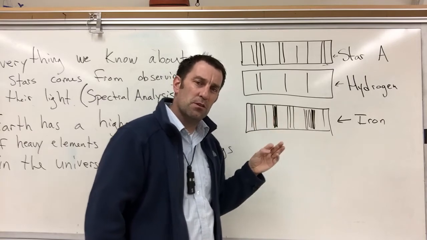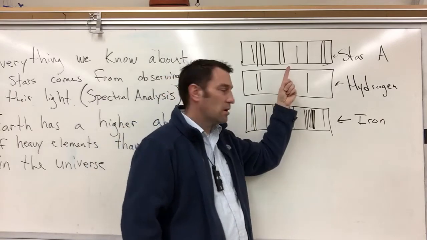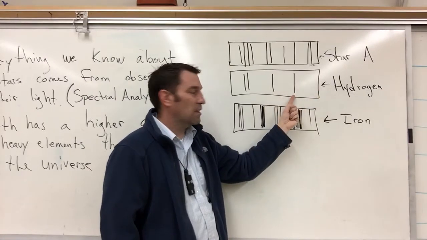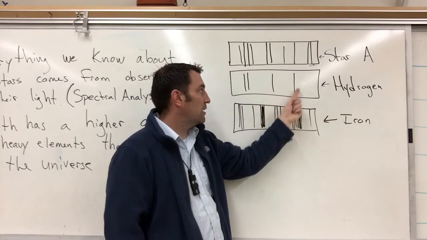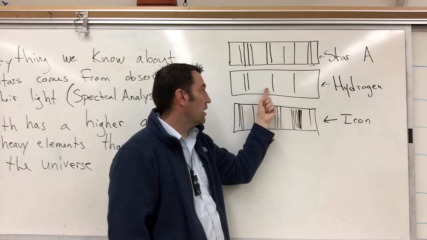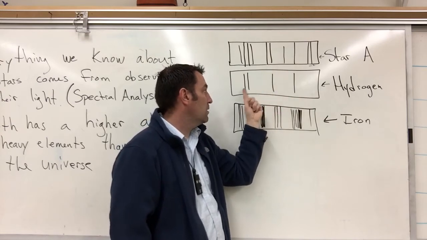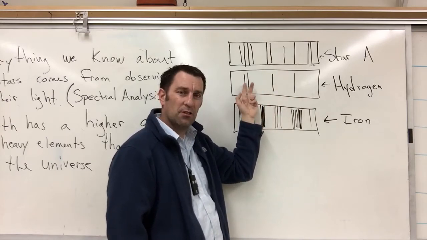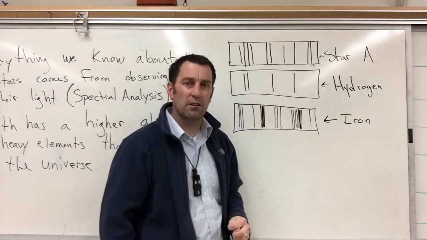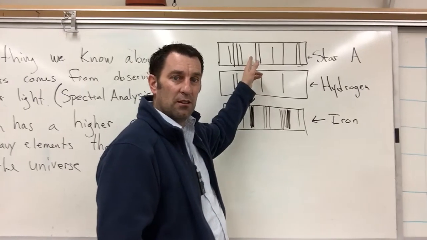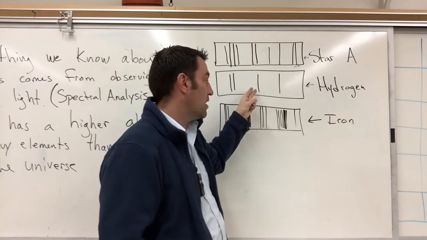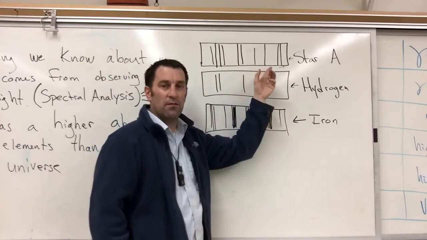The way we would use this to know what's in the star is we would look at hydrogen's lines, and if every line in hydrogen was also in star A, so hydrogen has to be 100% represented in star A. But star A doesn't have to be 100% represented in hydrogen, because star A could have other parts.